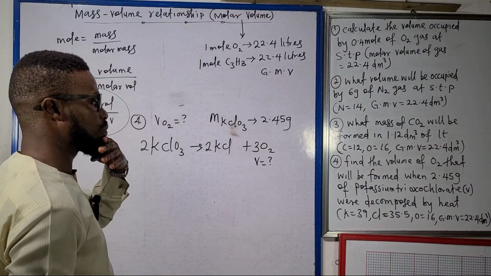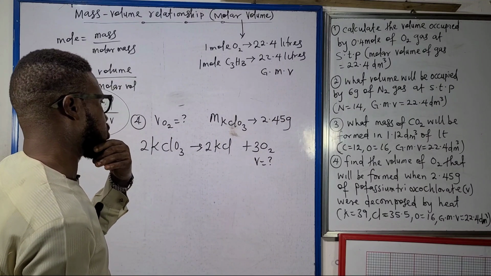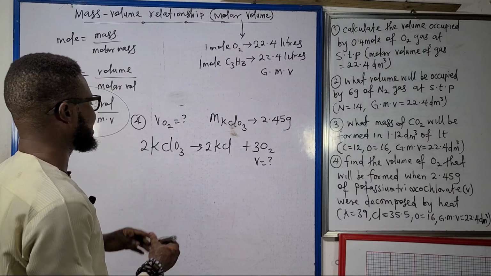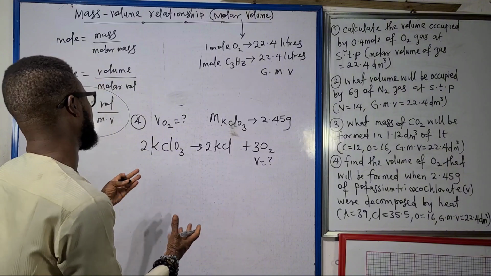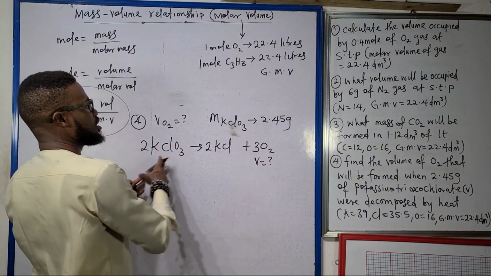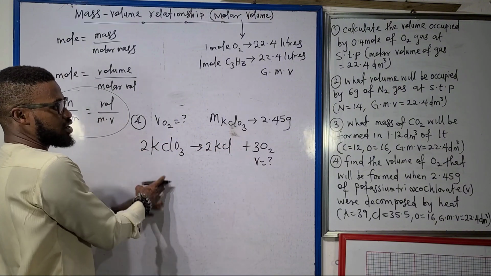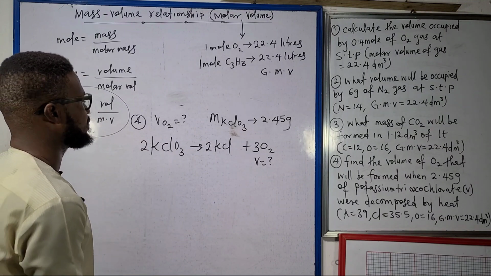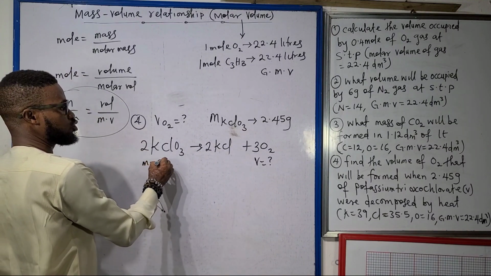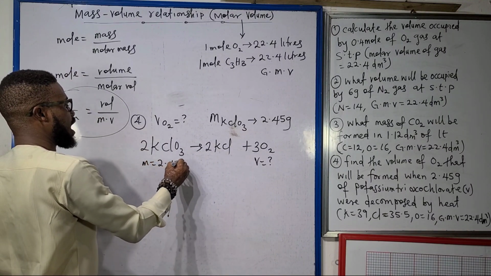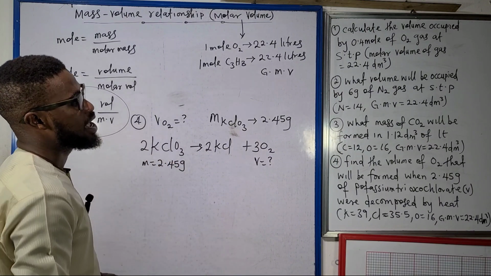When 2.45 gram of potassium trioxochlorate(V) was decomposed, in this case, this is just stoichiometry, converting mass to volume. The mass of potassium trioxochlorate(V) is 2.45 gram, okay?